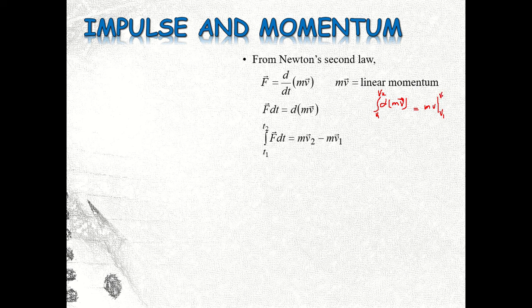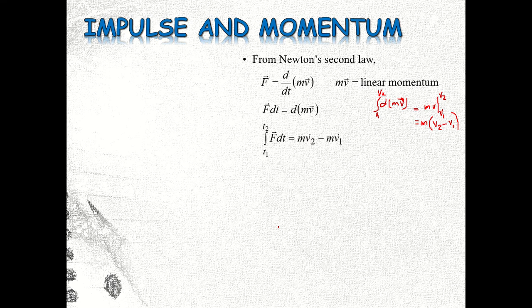When you substitute the limit, you will have m times, substituting the upper limit v sub 2, minus the lower limit v sub 1. Or distributing m, multiply, so that's why you have it here.